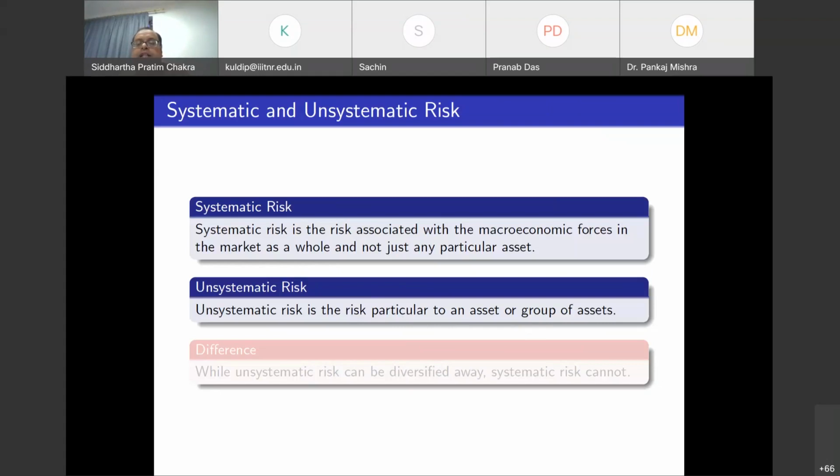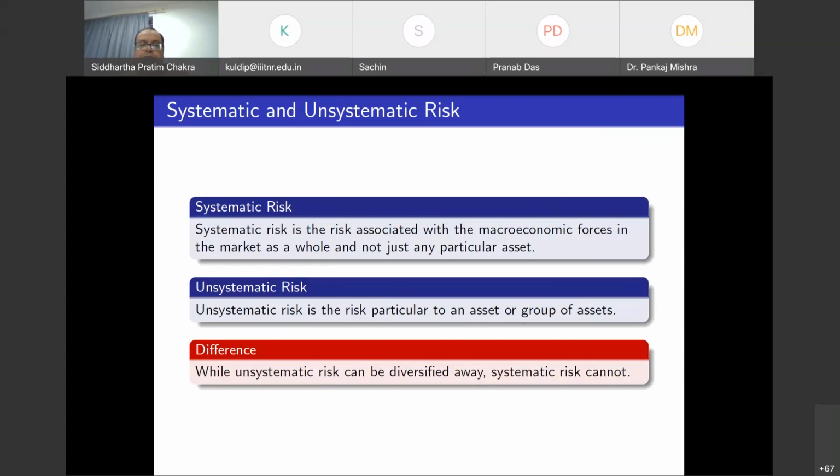Or suddenly, if there is a change in the energy policy and the government cuts down on pollution and brings in new laws, then the group of companies most affected are going to be things like oil companies or coal companies and so on. So the factors which affect everybody are called systematic risk, and the factors which affect a certain group or certain individual assets as far as the returns are concerned are called unsystematic risk.